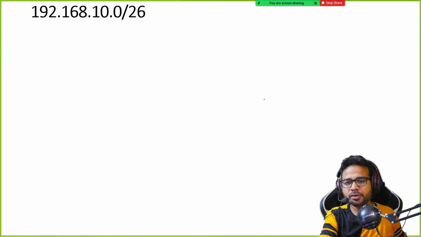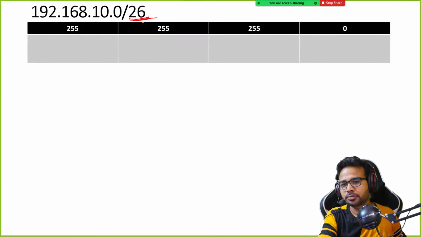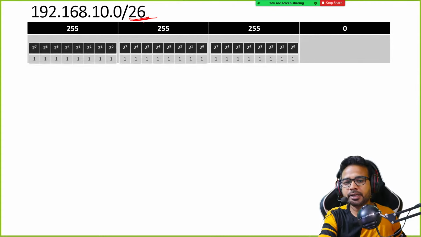Now here the CIDR value is 26. In our last example, the CIDR value was 25. Now the CIDR value is 26. Now can you tell me what is going to be the subnet mask of this network? Any idea?